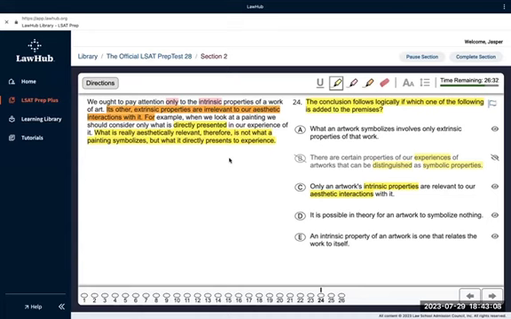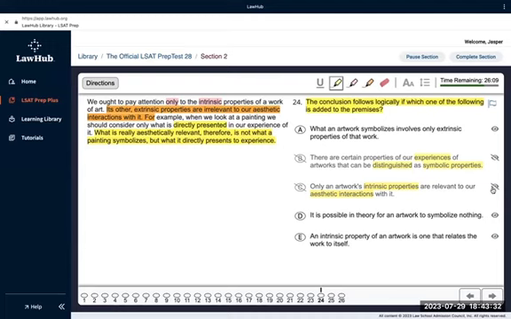There are intrinsic properties and its other properties are the extrinsic ones. So by identifying the extrinsic ones as the other properties, we have the complete picture of all the properties an artwork could have, intrinsic or extrinsic. So I would also eliminate C.